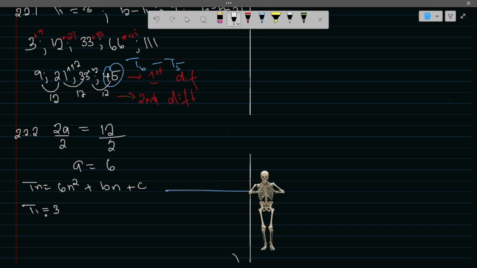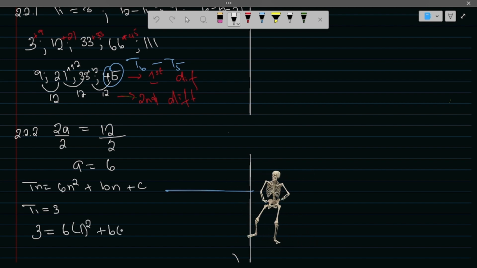So let's substitute, because we already have our first equation. So 3 equals, this is the first term, 6 times 1 squared plus b times 1 plus c.